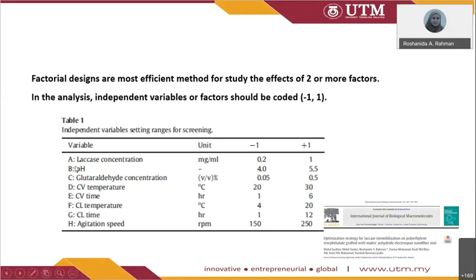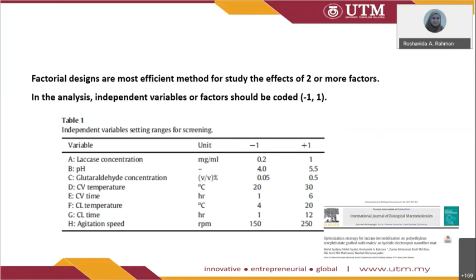Then you choose to do a screening process for these 8 factors. For the screening process, the initial step in optimization, you can choose whether you want to do it conventionally, we call it OFAT.